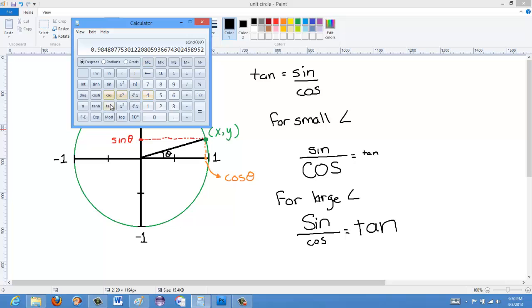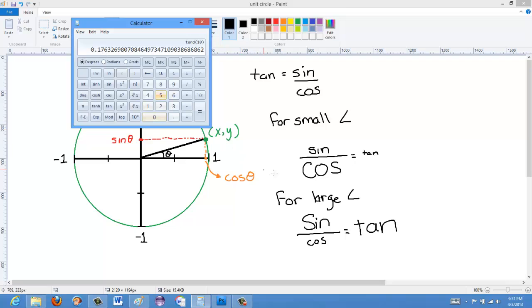If I take tangent of 10, what I said is that at 10, cosine is going to be very large but sine is going to be very small, so tan should also be very small. Let's try this. Tan, and tan is very small. Keep in mind that it doesn't have to be between 0 and 1 for tan, but it's close to 0, so it's fairly small.